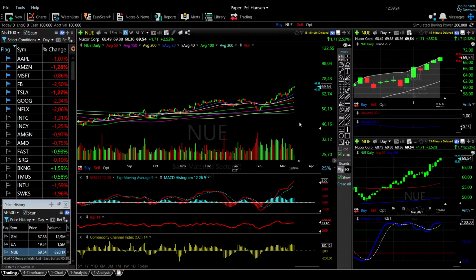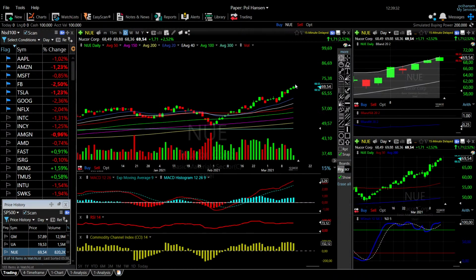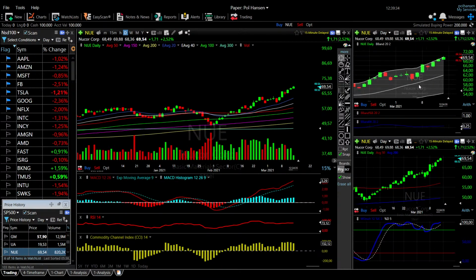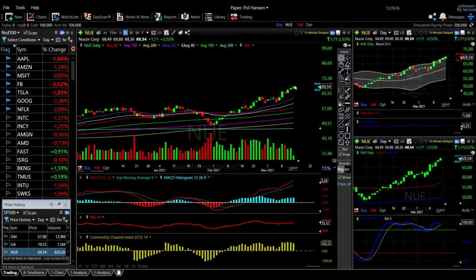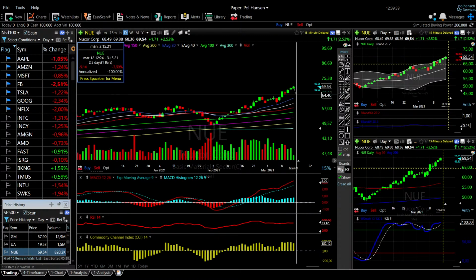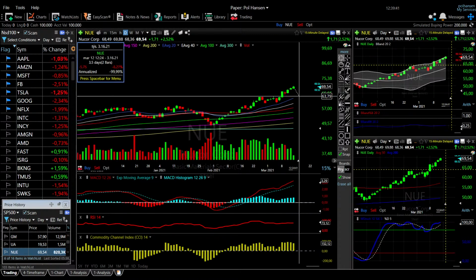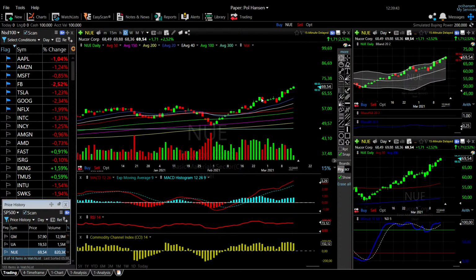And this is a better candidate. NUE, also outside of the Bollinger Band, with an RSI of 73, and we are basically getting overstretched here. Of course, it is always possible to sell it towards the middle, but it's better to wait for the pullback, similar to these pullbacks, and then buy them.